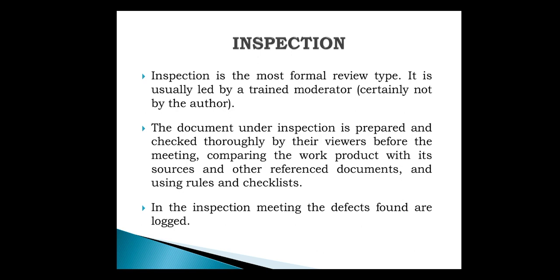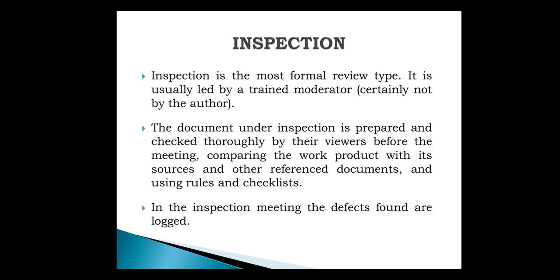The inspection is the most formal review type. It is usually led by a trained moderator, certainly not by the author. The document under inspection is prepared and checked thoroughly by the reviewers before the meeting, comparing the work product with its sources and other reference documents, and using rules and checklists.